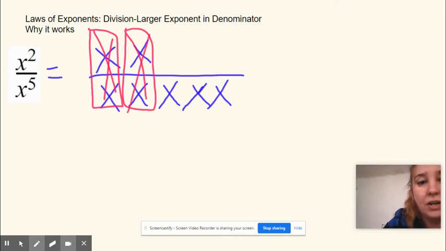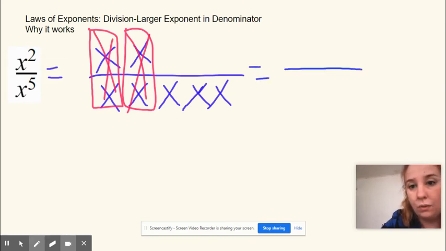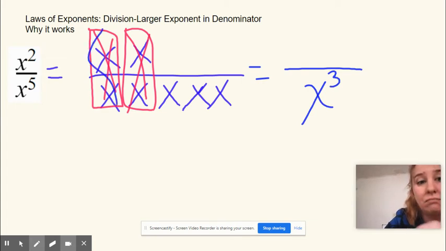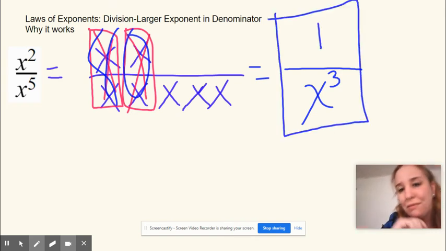You're left with 3 x's in the denominator. But since these really were 1 when we cancel them out, we can use 1 as a placeholder on top, because you can't have a fraction without both parts.